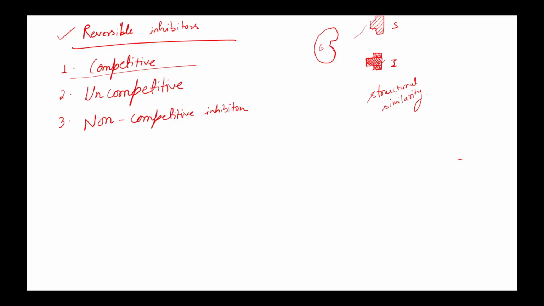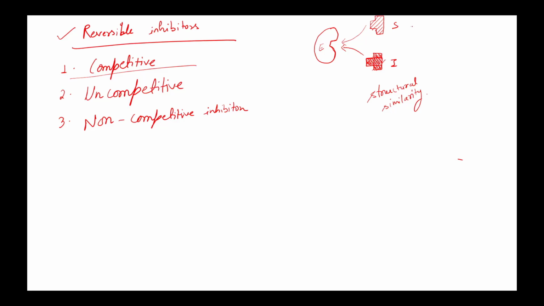So that's why there is a competition between the substrate and the inhibitor to bind to the active site of the enzyme, and whichever is in a higher ratio will overcome the binding. If we have higher inhibitor, lesser substrate, then more inhibitory reaction will take place. If we have more substrate, less inhibitor, then the inhibitor can be replaced.